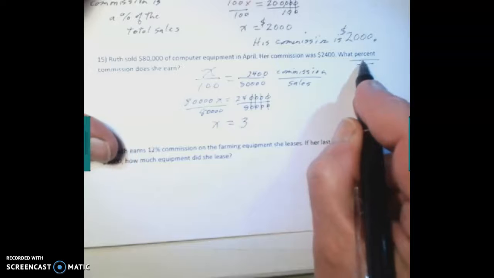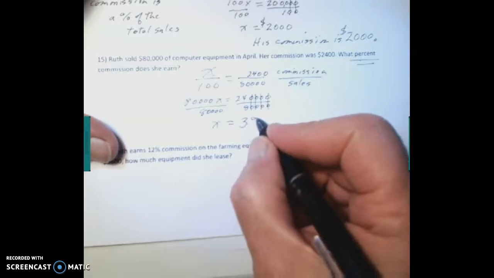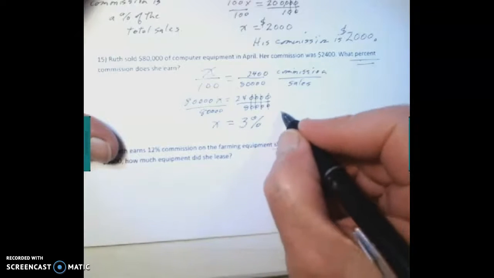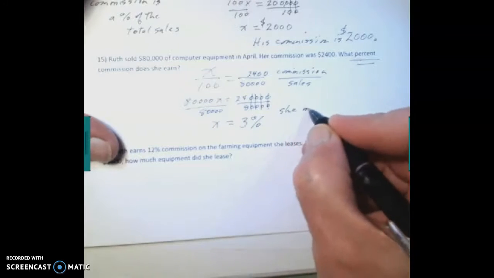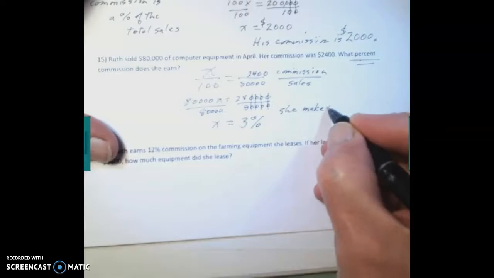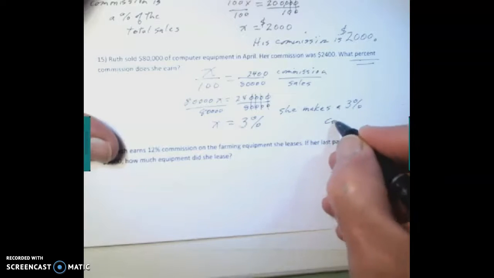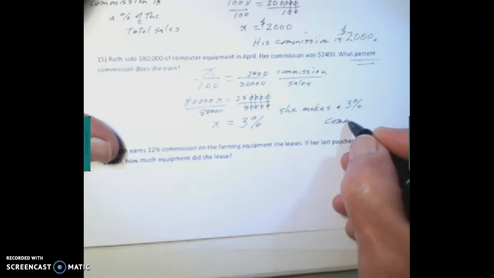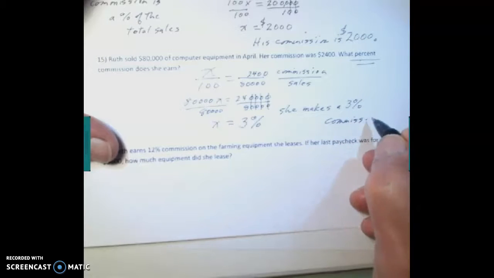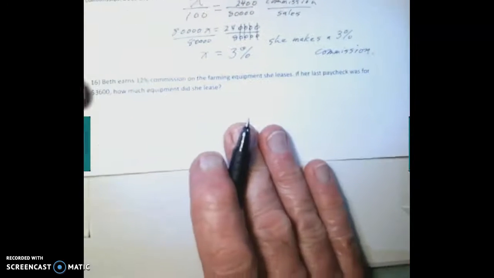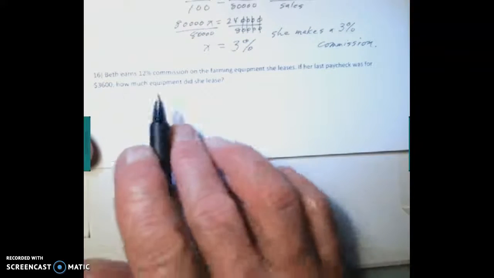Careful, you're looking for the percent. Your answer then is 3%. So she makes a 3% commission on her sales. I'm going to stop there because this is getting long already.